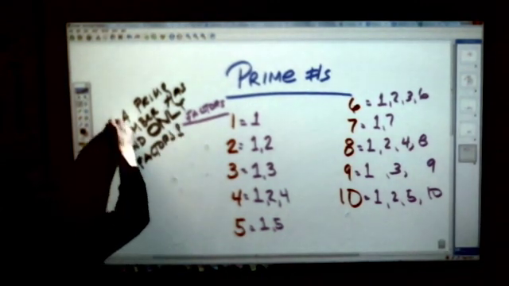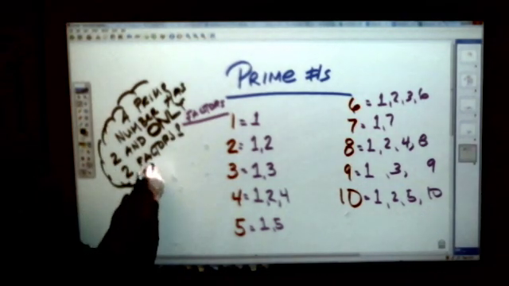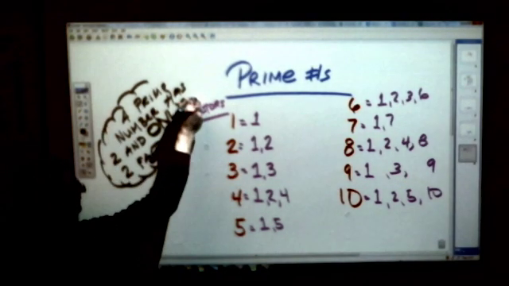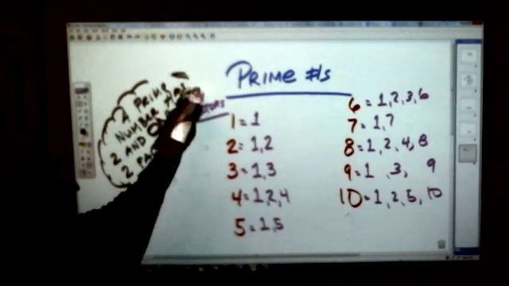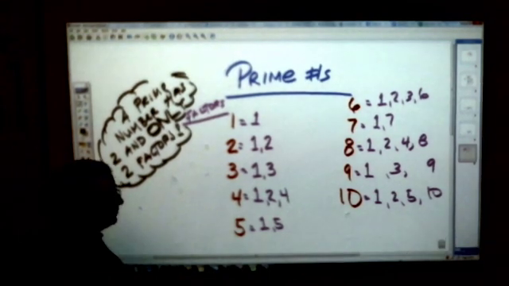Exclamation point. A prime number has 2 and only 2 factors.